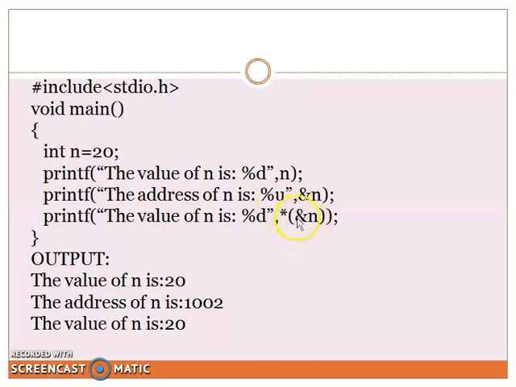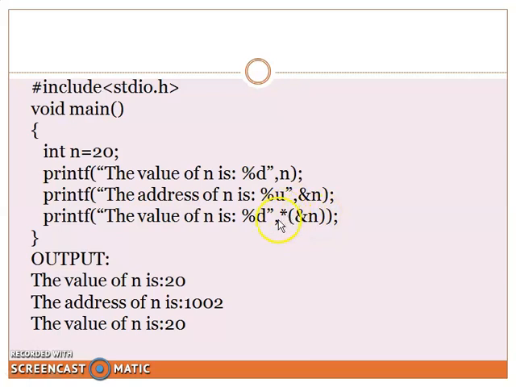Next, we are using the referential operator, that is the asterisk symbol followed by the address of n. Inside the parentheses we have one expression, ampersand n, which will return the address of that variable n.